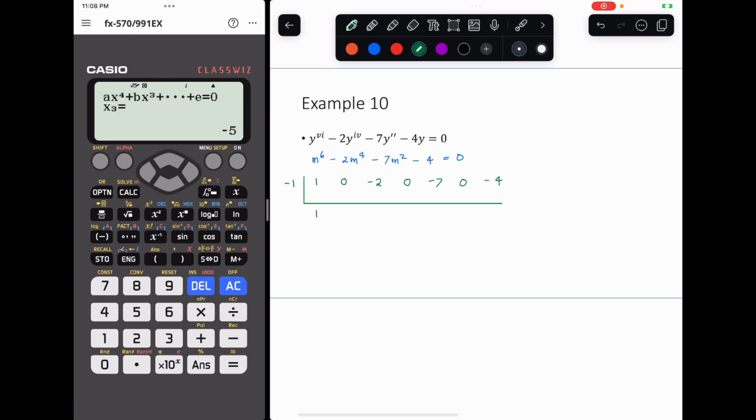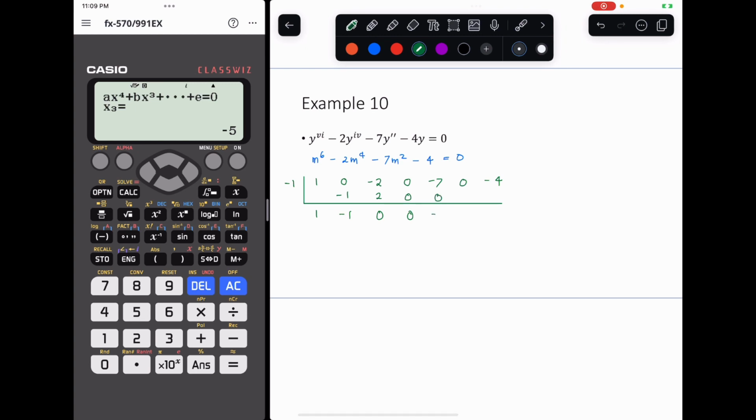So this is 1. 1 times -1 is -1. This is -1, -1, -1, positive 2. This is 0. 0 times -1 is 0, so 0. So 1, 0, -1, positive 2, 0, 0 times -1 is 0.